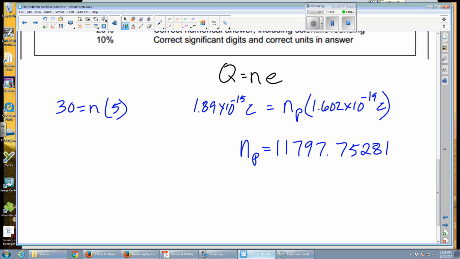So if we wanted to know the total number of protons, we're going to call that big N. The number of protons is going to equal the number of electrons plus small np, the number of protons we just figured out don't have partners.